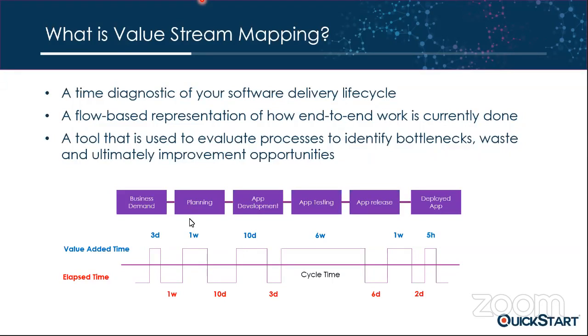Since it's flow-based, we need to consider the end-to-end work, starting, as we said in previous slides, from business demand to the outcomes. What will we do with the value stream mapping? We'll use it to evaluate the process, basically identifying bottlenecks, waste, and finally, improvement opportunities. And why are we saying finally?